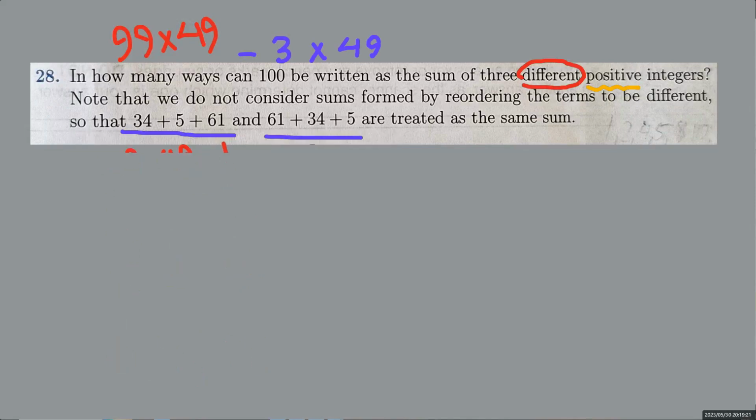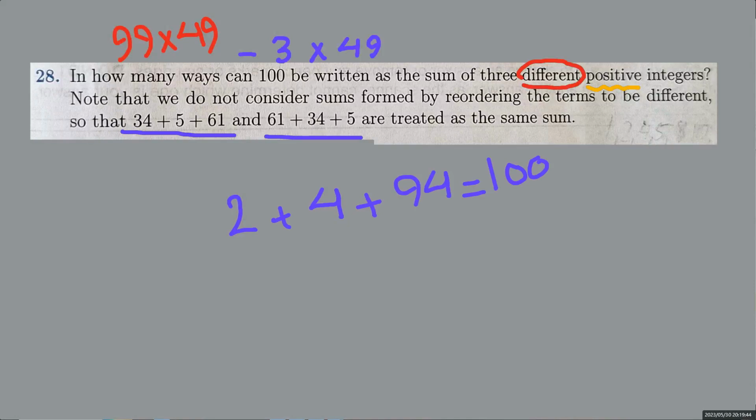Is it over? Well, almost. But for the same reasoning, right? We have different numbers, like for example, 2, 4, and the last number to become 100 is 94. Again, stars and bars, the way we did the question, will count 4, 94, and also counts 94 in between, and 4 here, and 2 here.